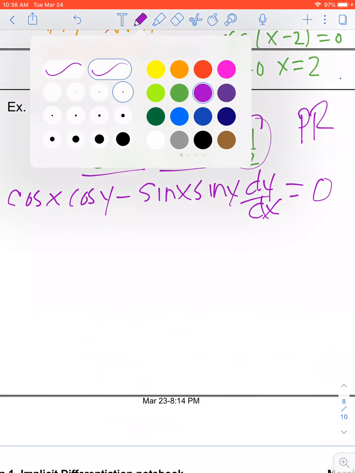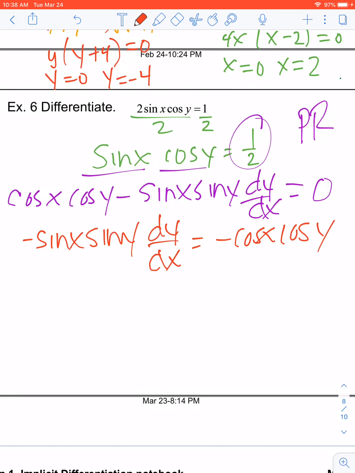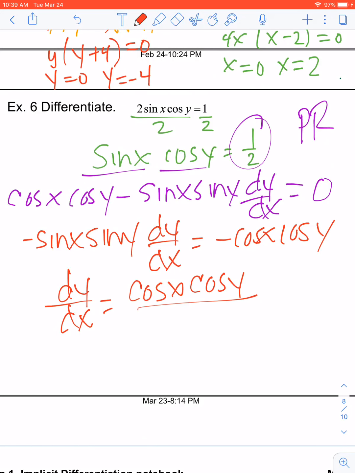Everything that contains a dy dx is going to be on one side. So I move the cosine x, cosine y to the other side. Then I'm going to divide, and in dividing, the negatives will cancel. And full credit for Nop is cosine x, cosine y, all over sine x, sine y.